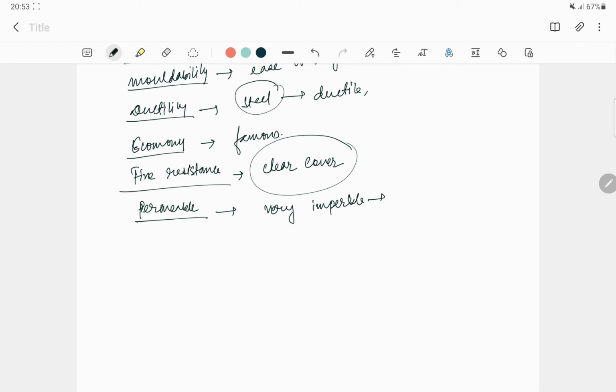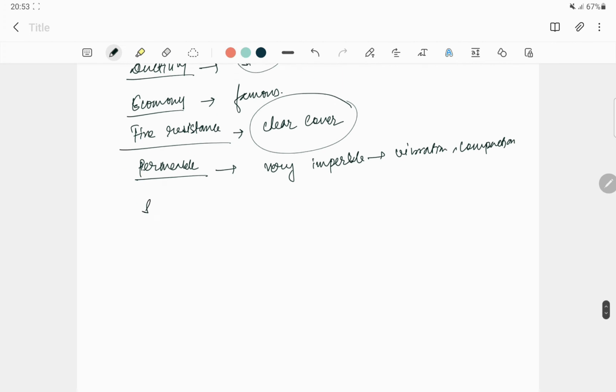That is why we provide vibration or do good compaction. Seismic resistance: yes, it is. When we talk about the load, we will discuss this, so I just write yes.